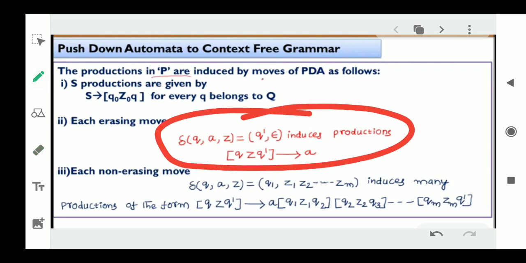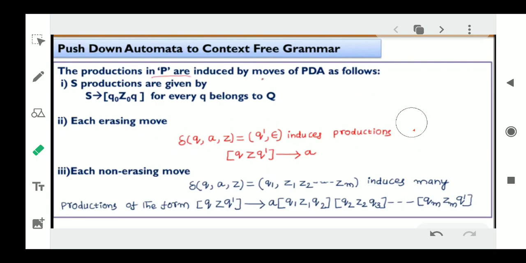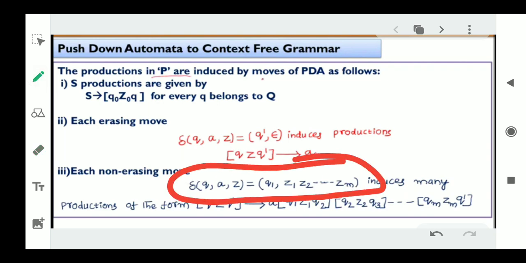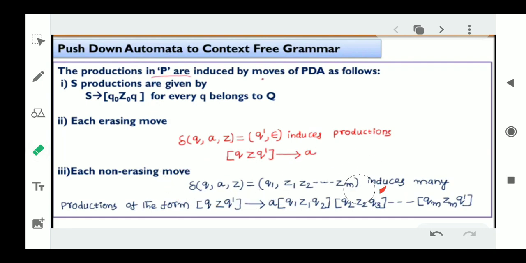So if any transition is of the form delta of Q comma A comma Z, then please convert that into the form [Q, Z, Q dash] derives A. That is the pop operation. When a push operation takes place, consider the transition in this form, and please convert the productions accordingly into the context-free grammar.